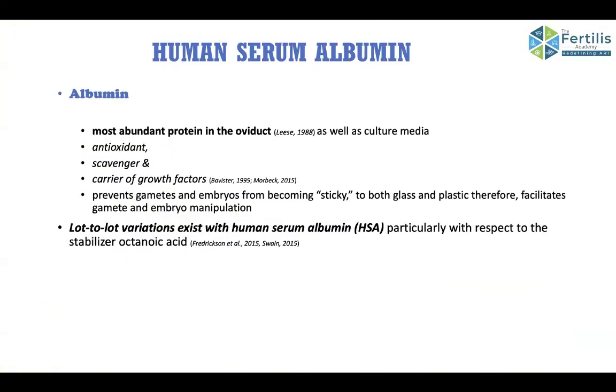If you talk about human serum albumin, albumin is the most abundant protein in the fallopian tube as well as culture media. It has antioxidant properties. It's a scavenger and carrier of growth factors. Unfortunately, when we are trying to develop human serum albumin, there are a lot of batch to batch variations, lot to lot variations, which doesn't provide consistency to culture media.